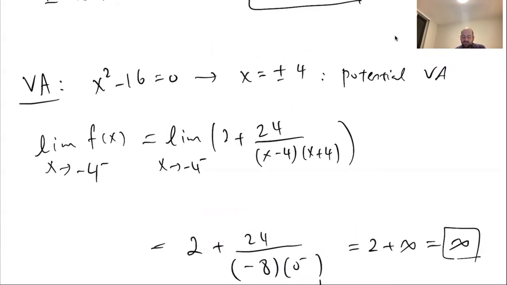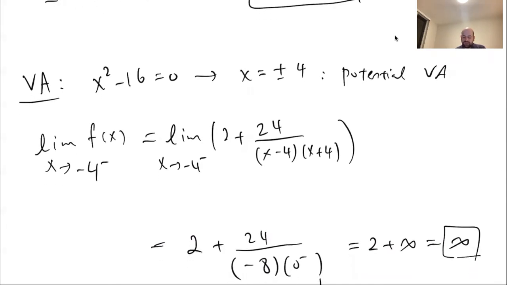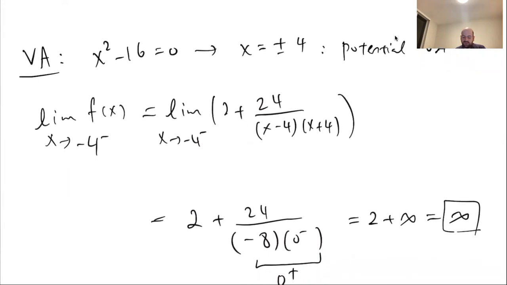So the left limit at -4. Let's start with -4, and let's start with the left limit. Left limit at -4, we can calculate it. We replace f of x with the expression we found above.